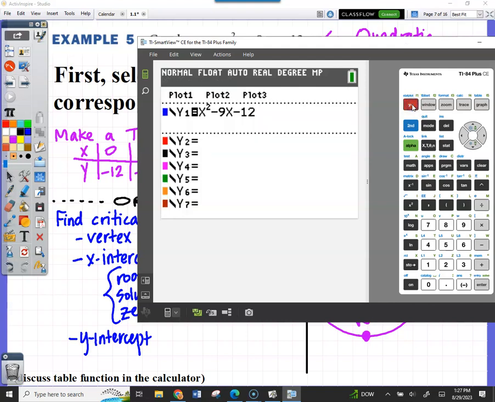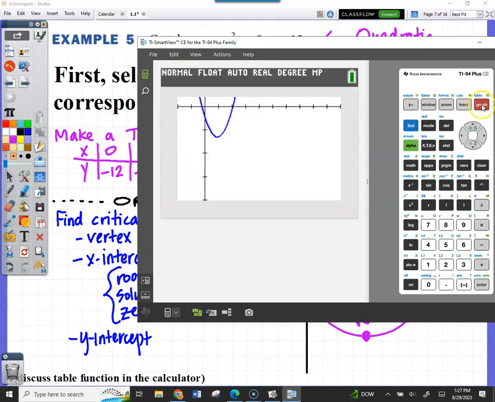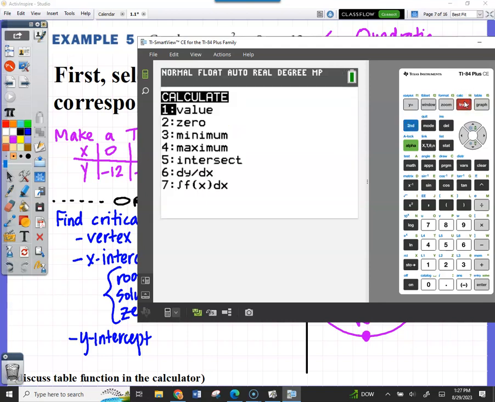So I'm going to go back and make sure I've not messed anything up. All right, my quadratic's still there. I'm going to go to my graph. You do need a really good viewing window to do this. You want to be able to see where it's crossing x, where it's crossing y, and the vertex. You're going to hit second calc. Second calc. Might want to write that down.